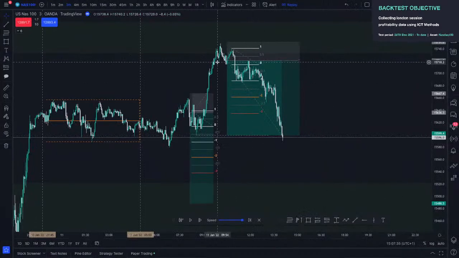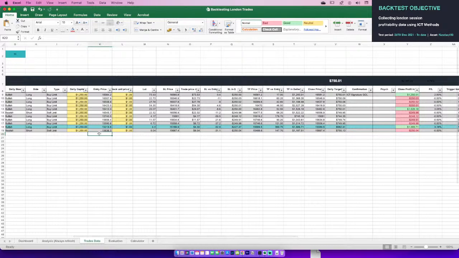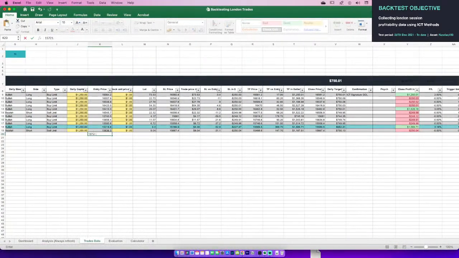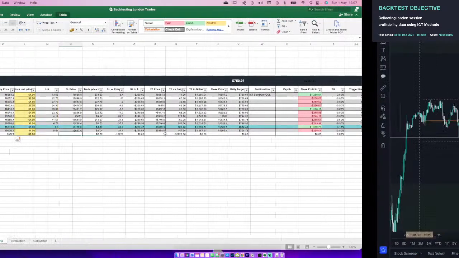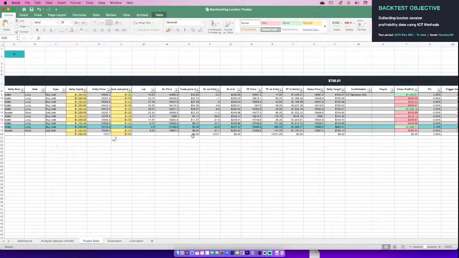And the second trade was 15,721.0 entry. Stop loss was 15,751.